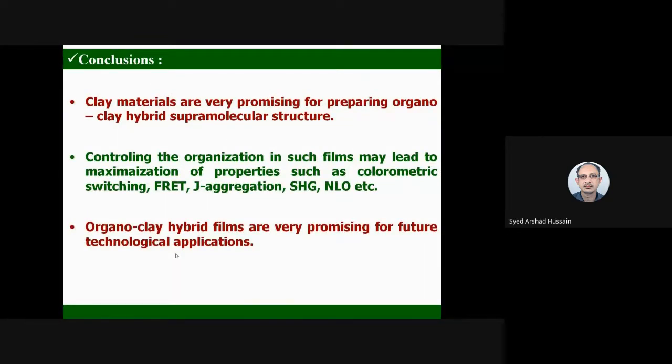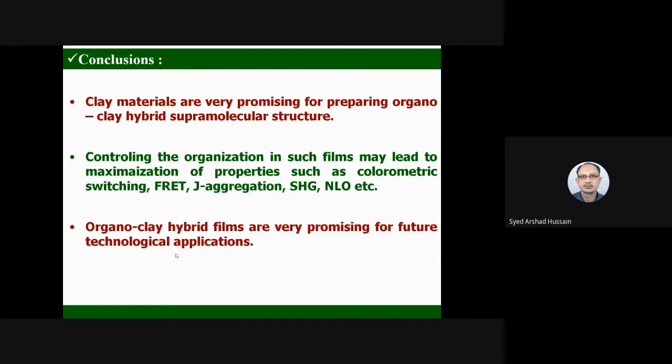I am almost at the end of my discussion. So we can say that clay materials are very promising for preparing organoclay hybrid supramolecular structures, and one can play with the properties of the incorporated materials within the clay systems to have different functionalities like colorimetric switching, optical memory, energy transfer, sensing, J aggregation, second harmonic generation, and so many more.